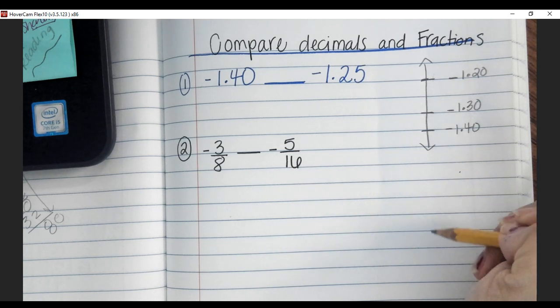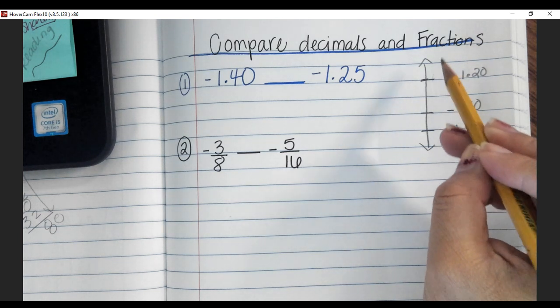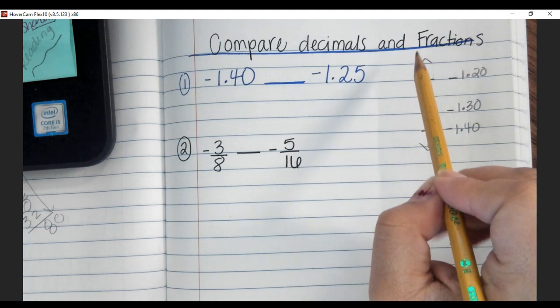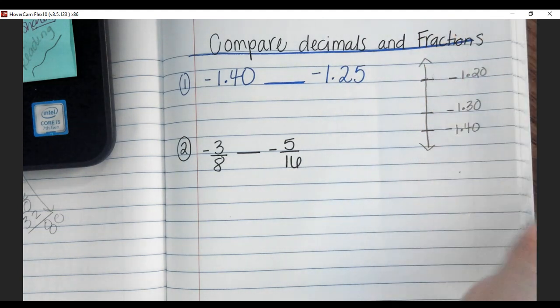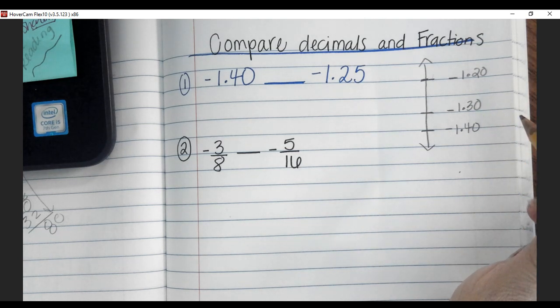So the further down I go, the smaller those numbers get. And if I'm going up the mountain, those numbers get higher and higher. That's how you can think of a number line when you're dealing with negative numbers.